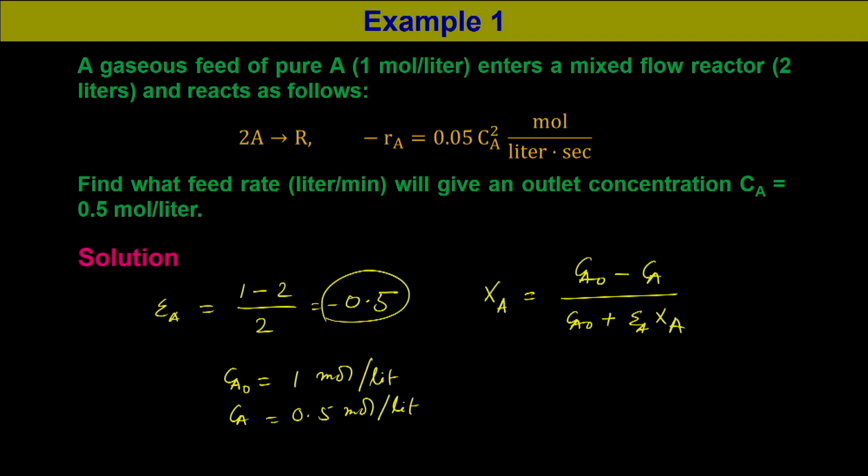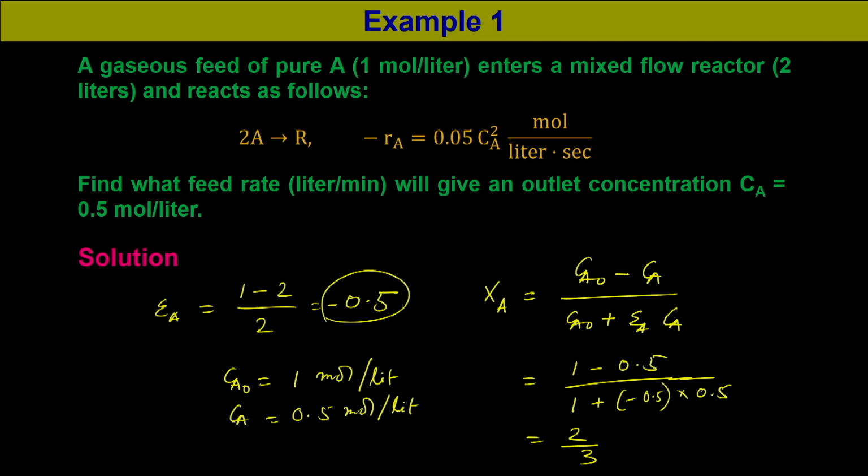So, if we put it in, this would be 1 minus 0.5 divided by 1 plus minus 0.5 into 0.5, this is C A into 0.5. So, this would be equal to 2 by 3.